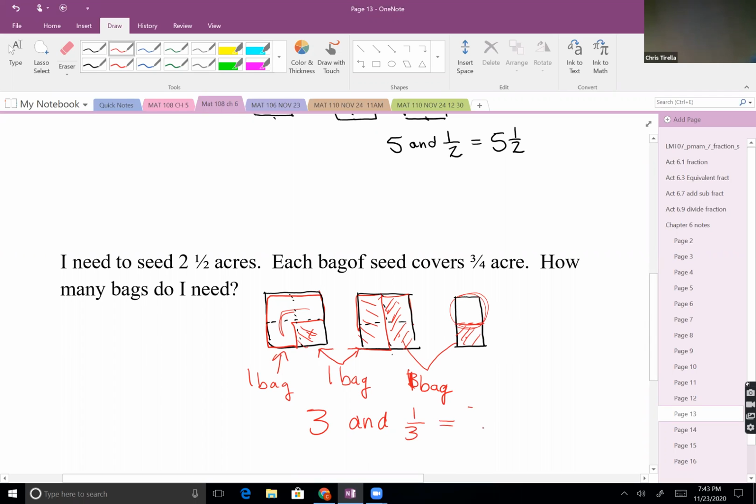And so my answer would be 3 1/3, or I guess we could think of that as 10/3. And again, that's real similar to what we were doing with those pattern blocks, pardon me, in the activity, asking how many 3/4 would it take to fill that whole area.